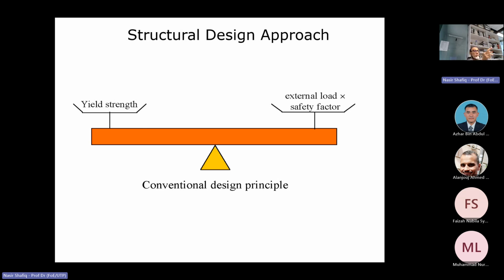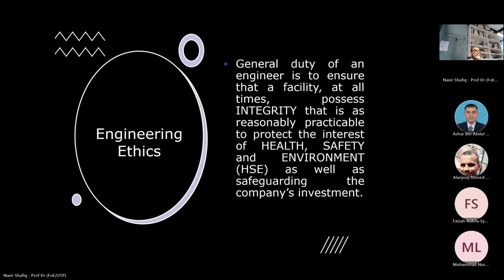So this is like a seesaw, right? You have to balance out yield strength, which is the capacity or resistance to the external load, multiplied by the safety factor, right? So that is the philosophy of the working strength design or conventional design principle, right?